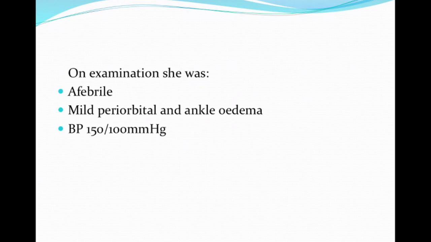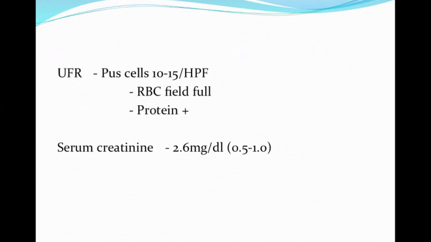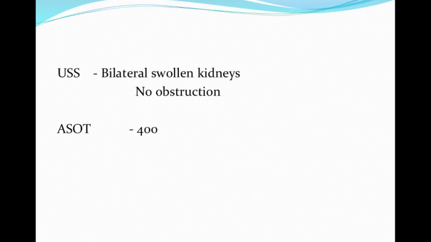On examination, she was afebrile, with mild periorbital and ankle edema, blood pressure 150 over 100. So there is some edema and high blood pressure. In the urine full report, there are pus cells and red cells and protein 1 plus, and serum creatinine is elevated. In the ultrasound scan, there are bilateral swollen kidneys and no obstruction, and ASOT is elevated to 400.